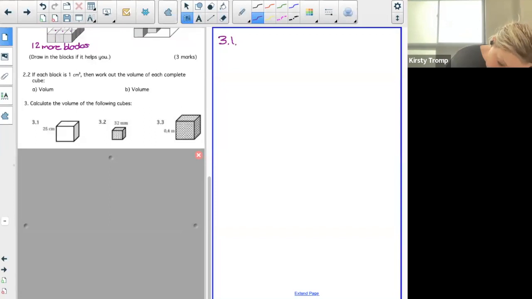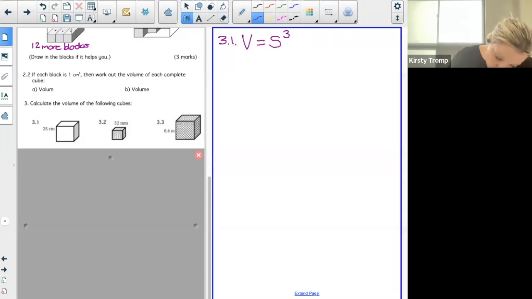So I'm going to start with volume. Now, it's really important that the first thing you do is you put down what the formula is for volume. So when we're calculating the volume of a cube, volume is equal to side cubed.